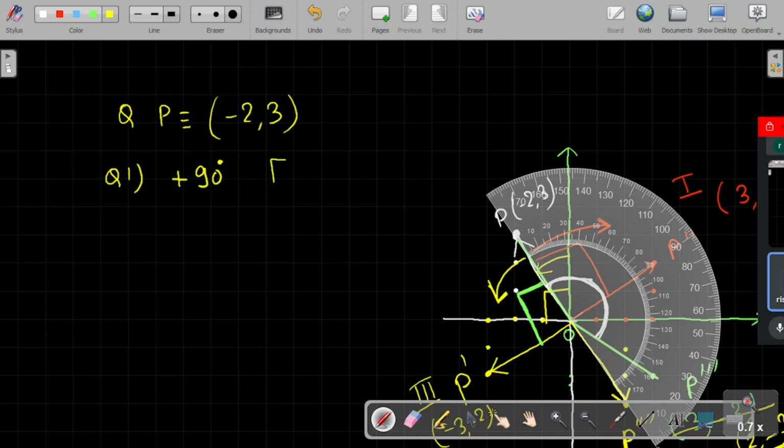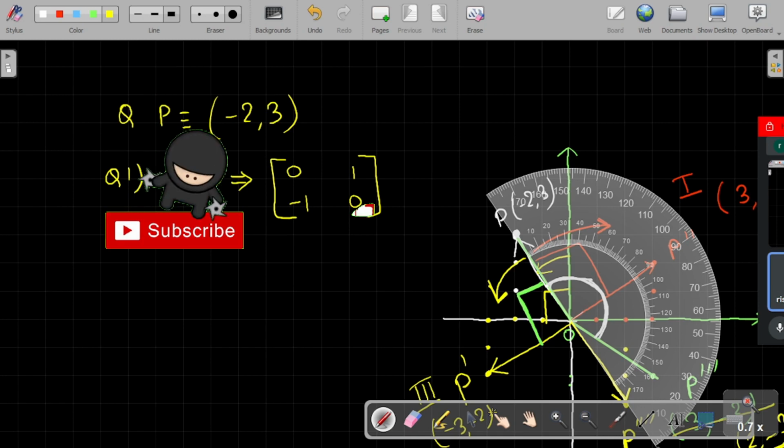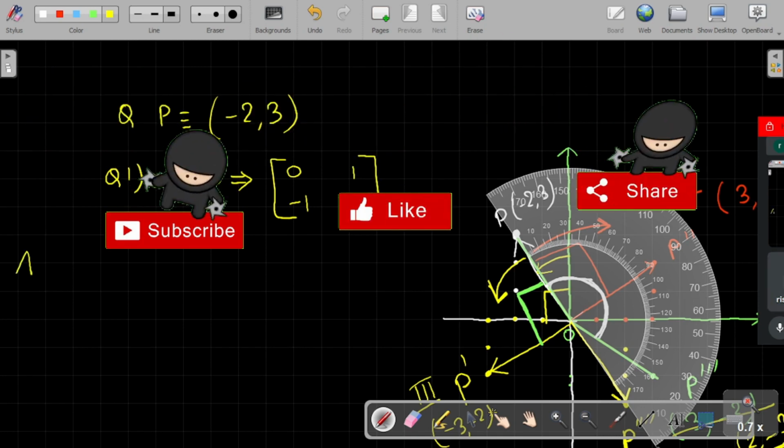Sir, no. It is 0, 1, minus 1 and 0. This is your transformation matrix for 90-degree. Now let us verify it with the matrix. So what will be the answer?